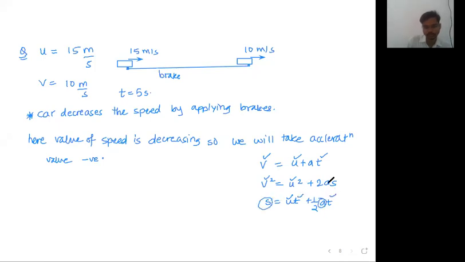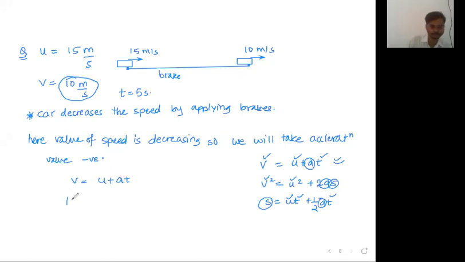Displacement, acceleration. Only one unknown, and one unknown means one equation is solvable, so we have to select this equation. So now use v is equal to u plus at. Rule says just put the value of final velocity, initial velocity, and time. Think about the sign only for acceleration.